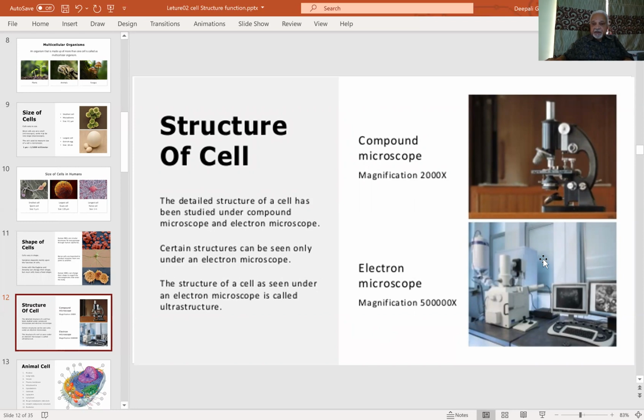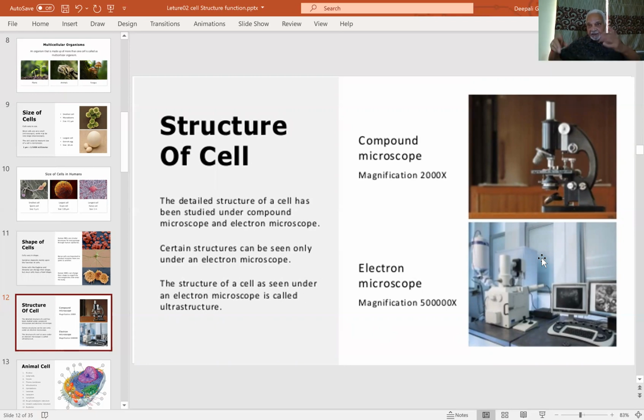So basically, it is after the discovery of the electron microscope that we gained knowledge about cell structure and cell organization. The internal organization of the cell was very clearly defined and refined only after the discovery of the electron microscope. So people were able to look inside the cell, at what is present within the cell.